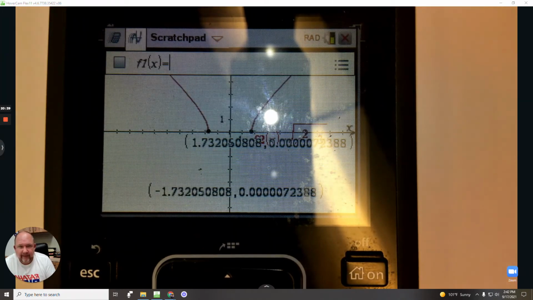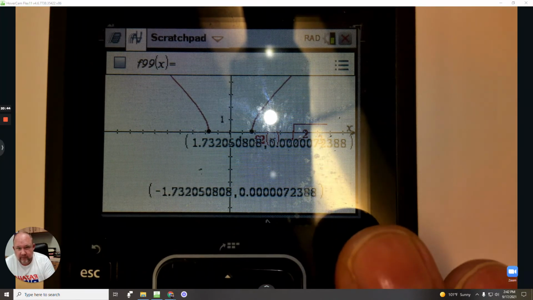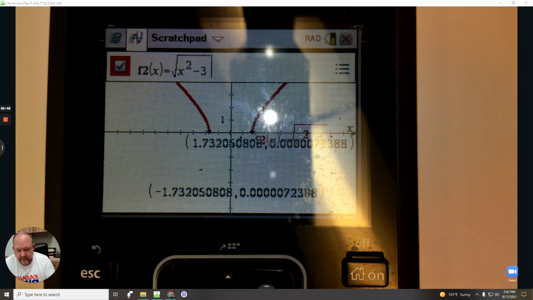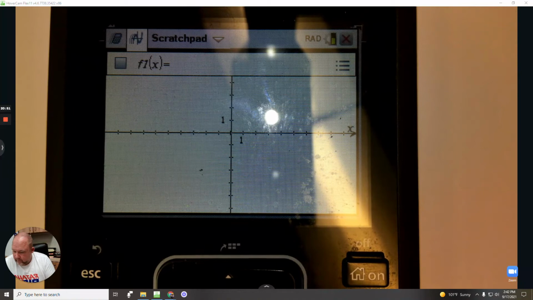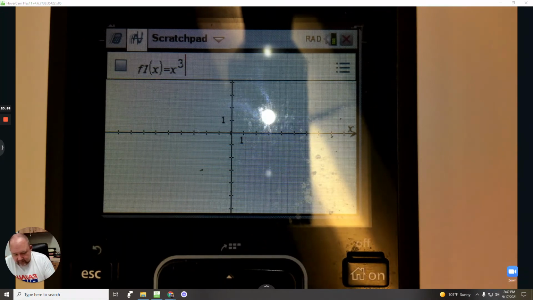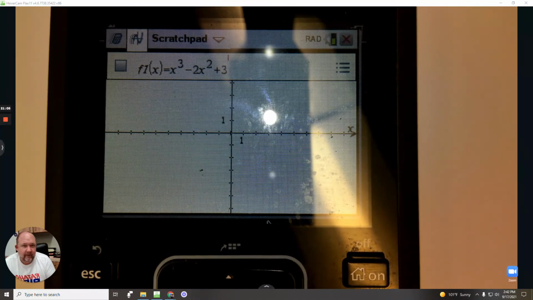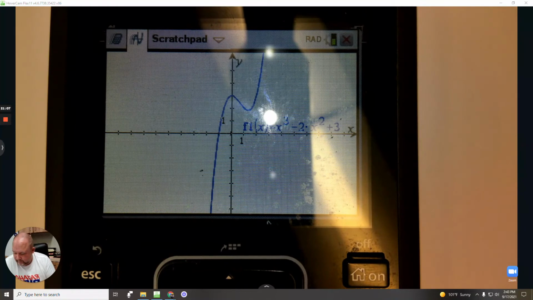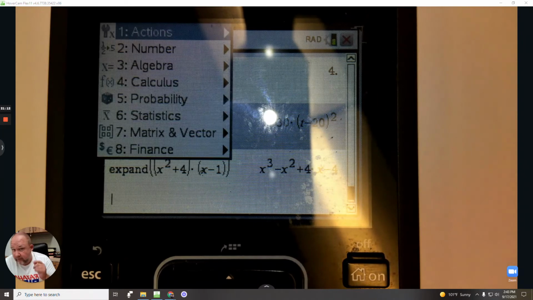I would define it in my calculator. So I would type in x cubed subtract 2x squared plus 3, then I would come back here and I would set up an equation to solve.